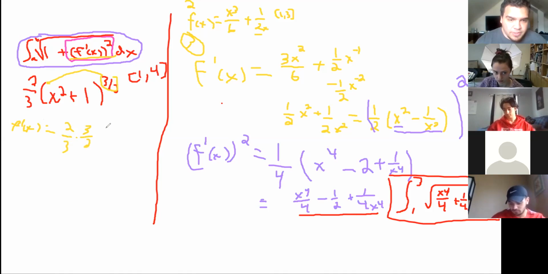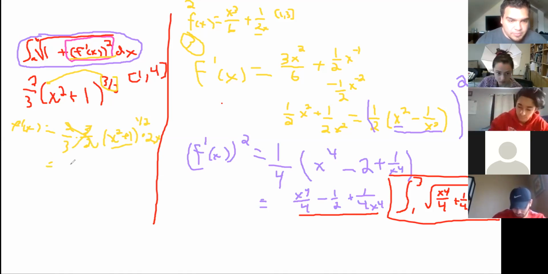Very convenient, some might say. x squared plus 1 on the inside, reduced by 1/2, times you have to take the derivative of the inside, so that's 2x. You can't forget that part. Well, these all cancel out.